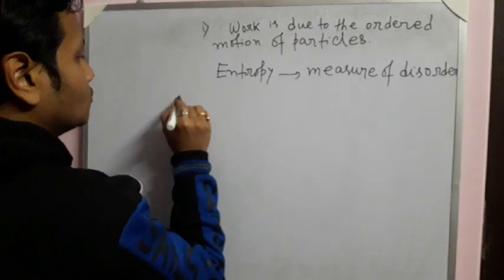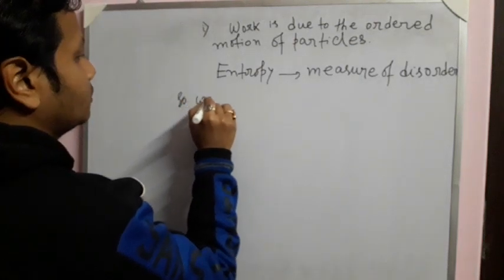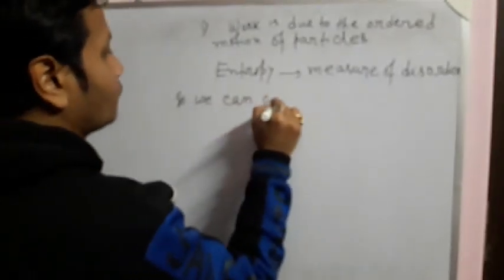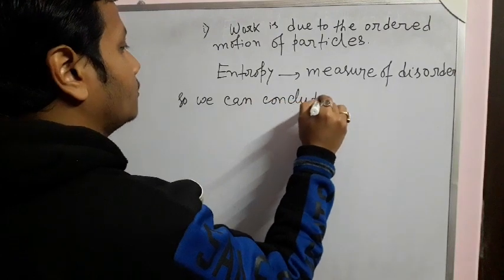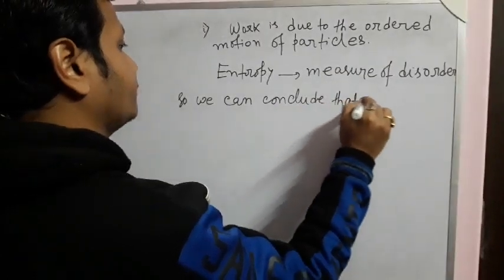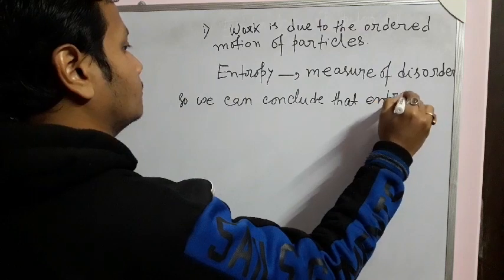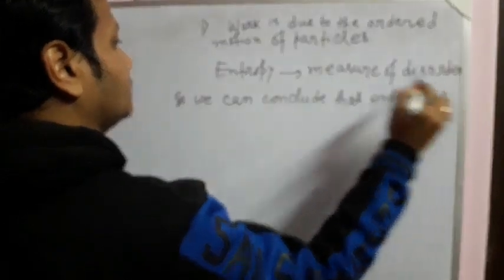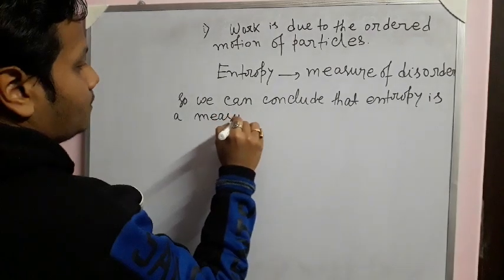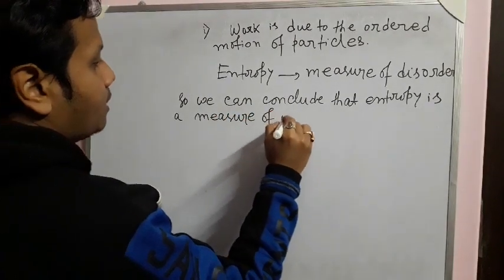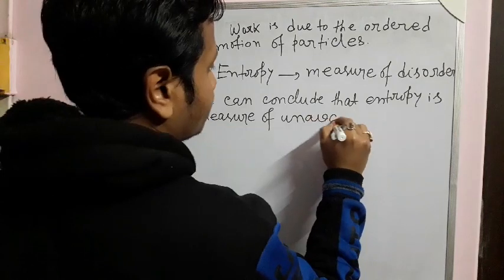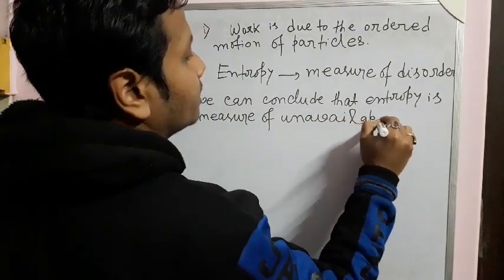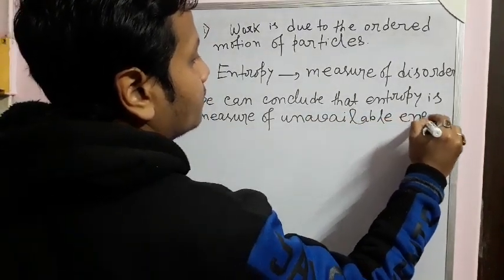So we can conclude that entropy is a measure of unavailable energy of a system, unavailable energy or work, whatever you can say.